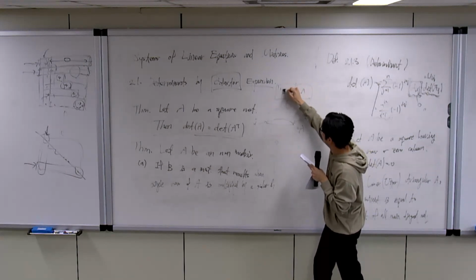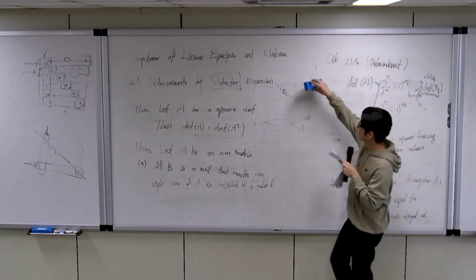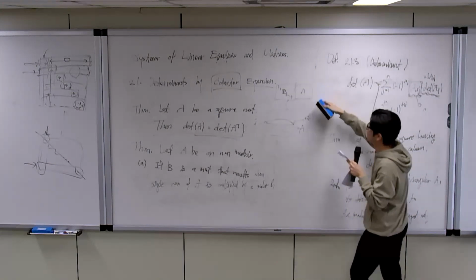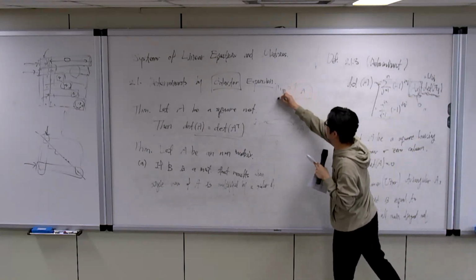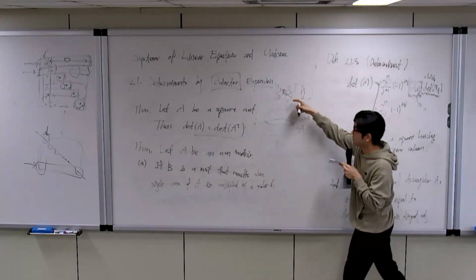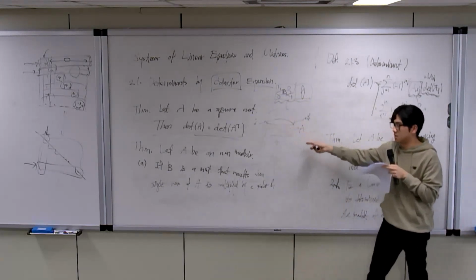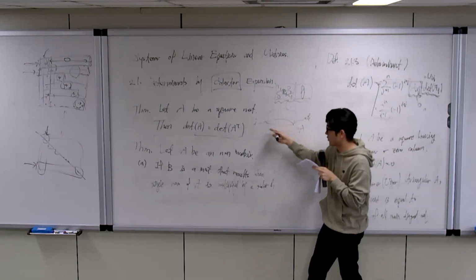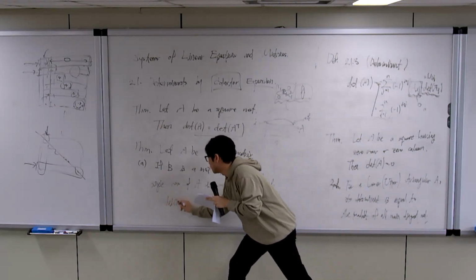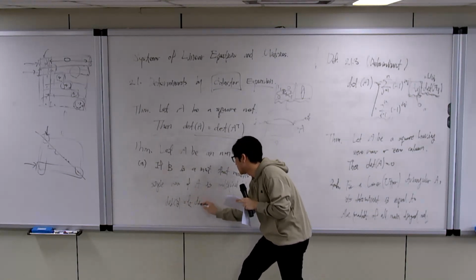If you calculate this, you get the elementary matrix multiplied with matrix A, and its determinant is k multiplied by the determinant of A.